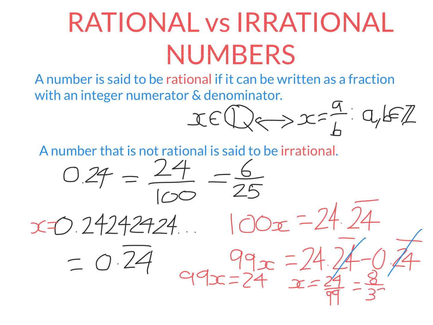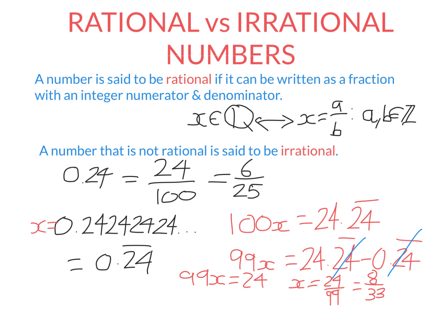Now you can use a similar trick for any recurring decimal. Of course, you might need to multiply it by a different number instead of 100, but you can still apply the same trick and we will see that any recurring decimal can be written as a fraction and is therefore rational.